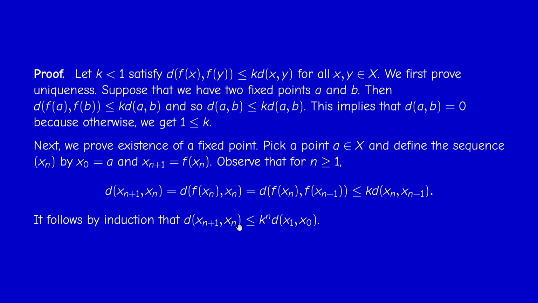Therefore, if we repeat this by induction on n, applying the same inequality to d(x_n, x_{n-1}), we get that this is less than k times d(x_{n-1}, x_{n-2}), and so on. So after n steps, we get that the distance between x_{n+1} and x_n is less than k to the n times the distance between x_1 and x_0.